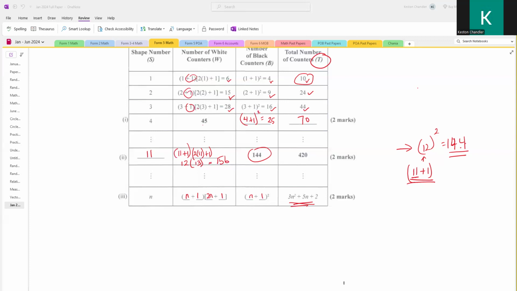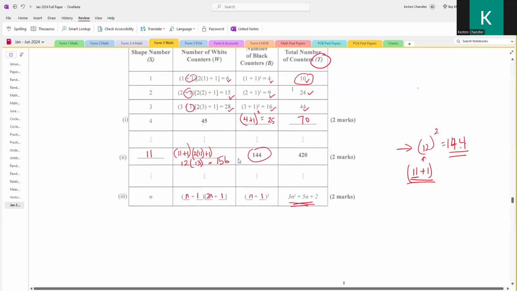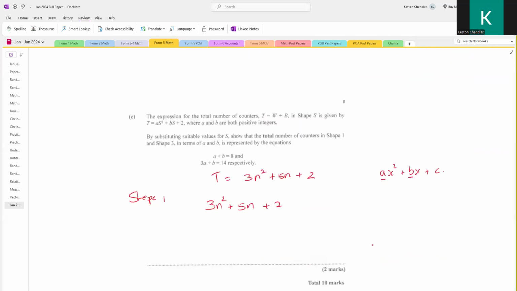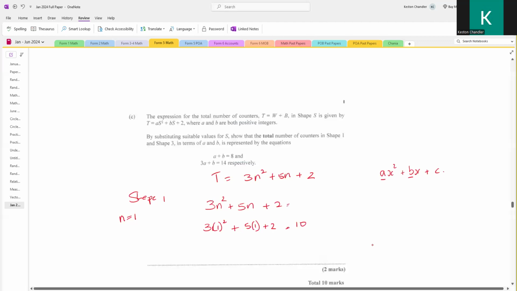Now in shape 1, remember, this here n is a shape number. In shape 1, n is 1. So 3 times 1 squared plus 5 by 1 plus 2, right, is equal to 10. Everybody agree with that?